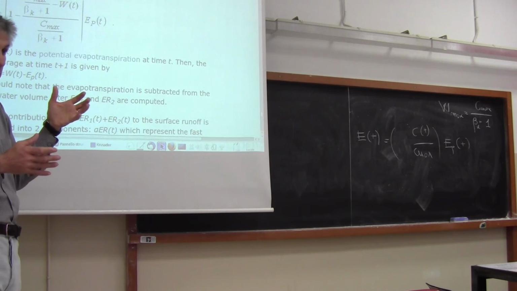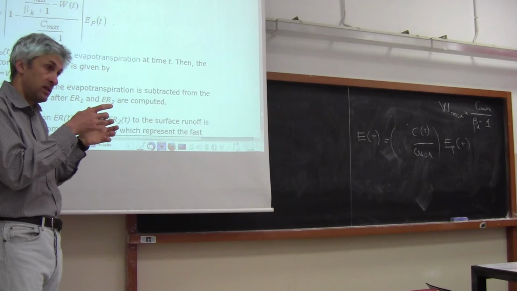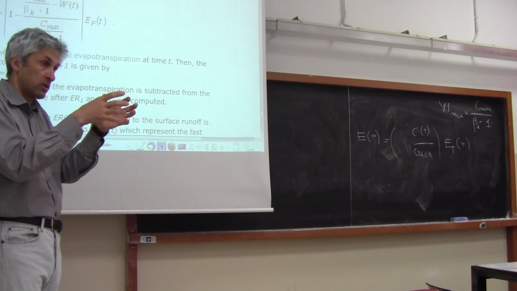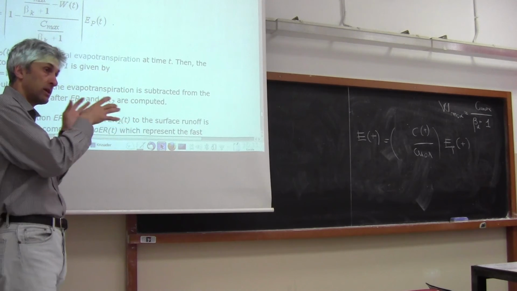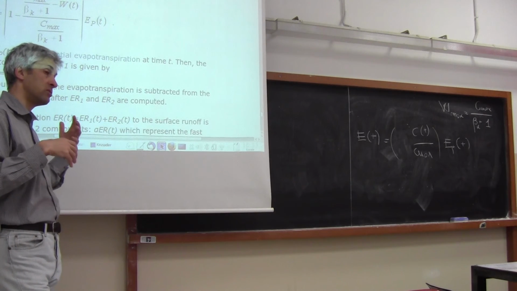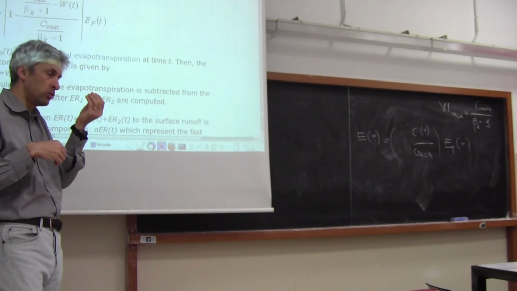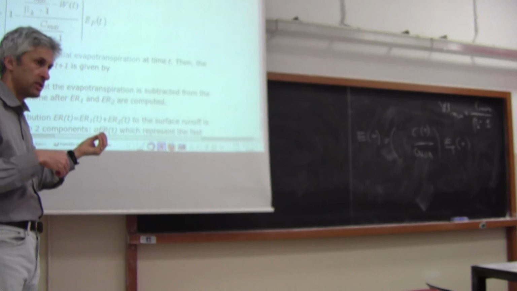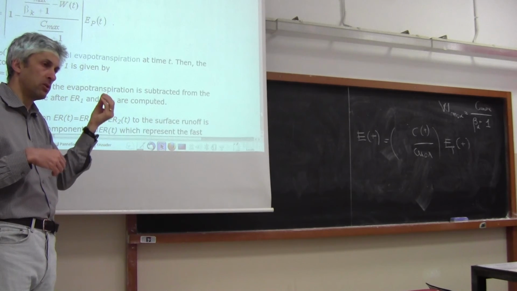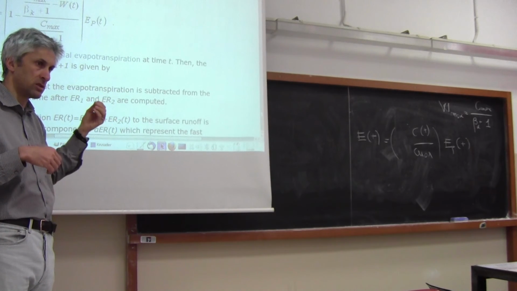You may remember that we always related C to the contribution of the runoff, but we never forgot W. And you may question this. You may say, why do you continuously propose the relationships for computing W? They were not used so far.